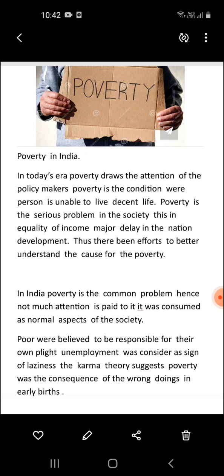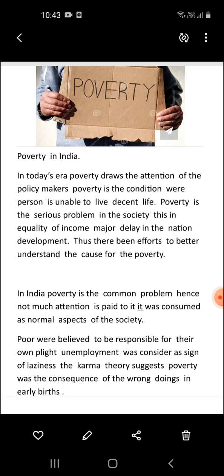In India, poverty is so common that we are adjusted to living in poverty. The people who are living in India are so adjusted to poverty that they don't even care about the situation they are facing. So, not much attention is paid to it.